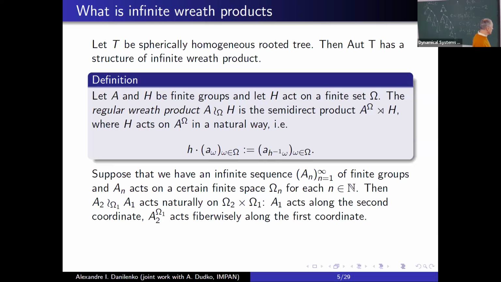Because this group is a semi-direct product of two groups, it's enough to define how each of them acts. A_1 naturally acts along the second coordinate, and the other group acts fiber-wise along the first coordinate.